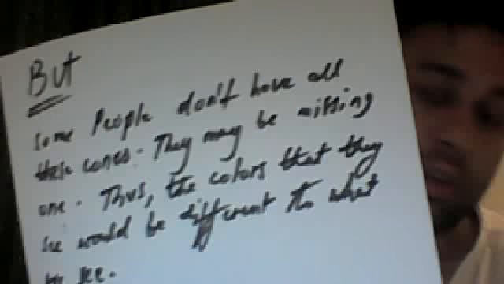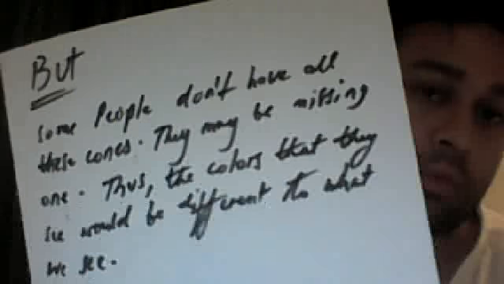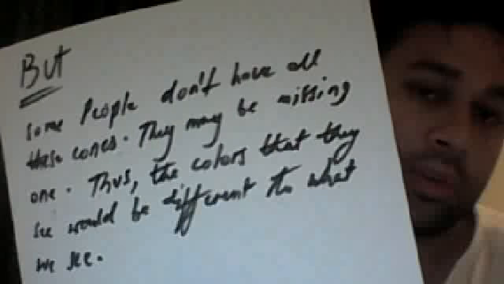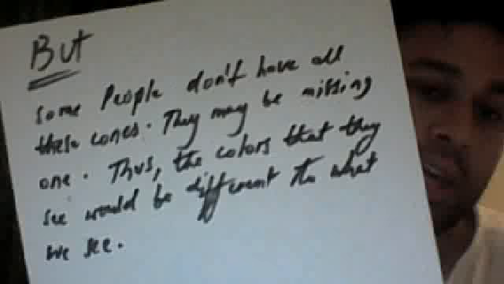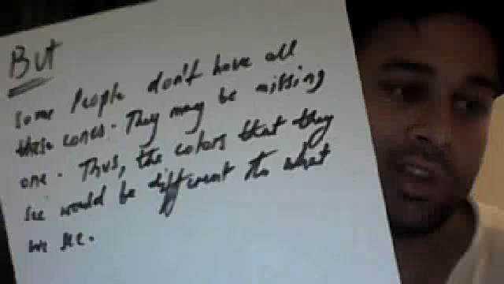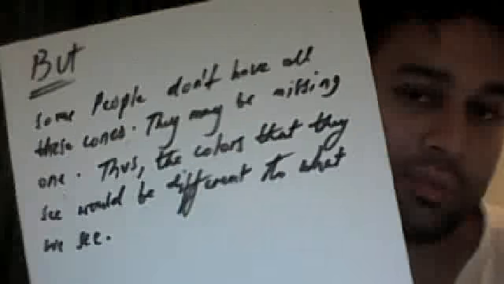And here's where the interesting part begins, because some people don't have these cones, or they don't have three cones. They may be missing one, or one may be defective. In that case, the colors that they see would be different to what we see, because remember, color is just a system that our brain uses for us to differentiate between different wavelengths.